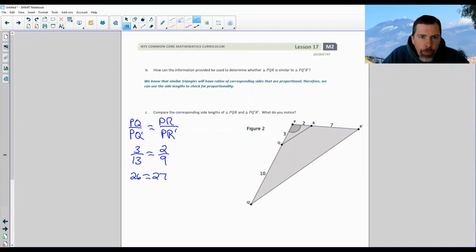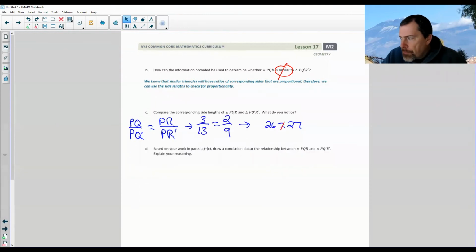And then we go, uh-oh, those are not equal. Therefore, these triangles are not going to be similar.